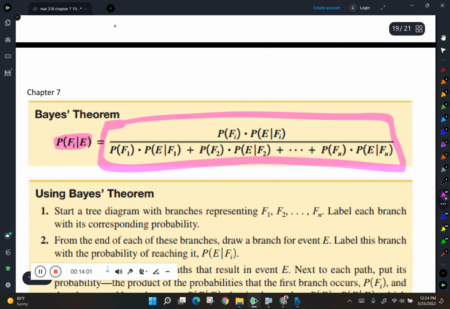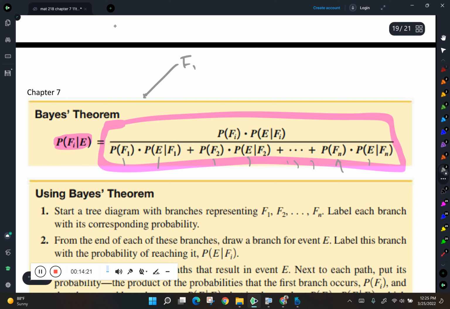And what this allows us is to have one event E in the second stage of the experiment, but many events F1, F2, F3, F4, F5, F6, Fn in the first stage. So our tree diagram could look like this.